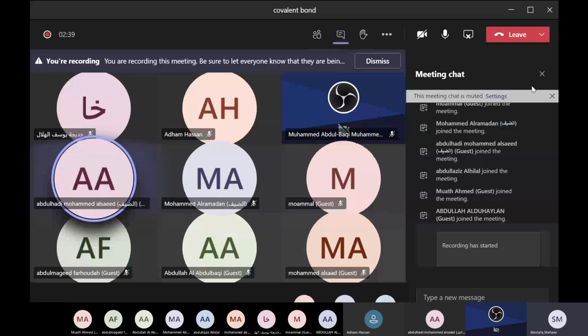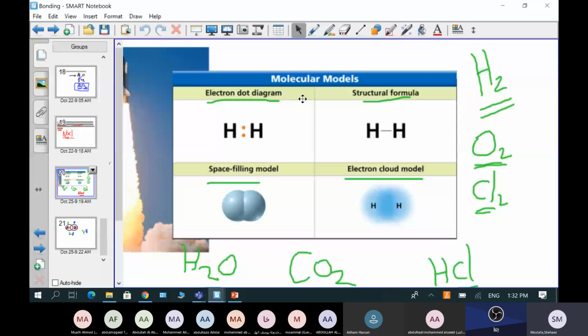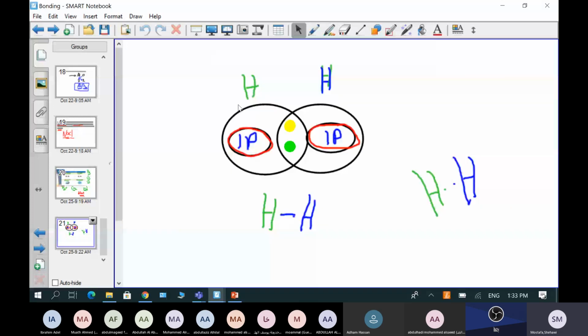Get some food. Okay, in the previous session, we said that a covalent bond can be represented in four ways: electron dot diagram, structural formula, space filling model, and electron model. And I've explained the covalent bond between two hydrogen atoms, and we call it a single covalent bond.